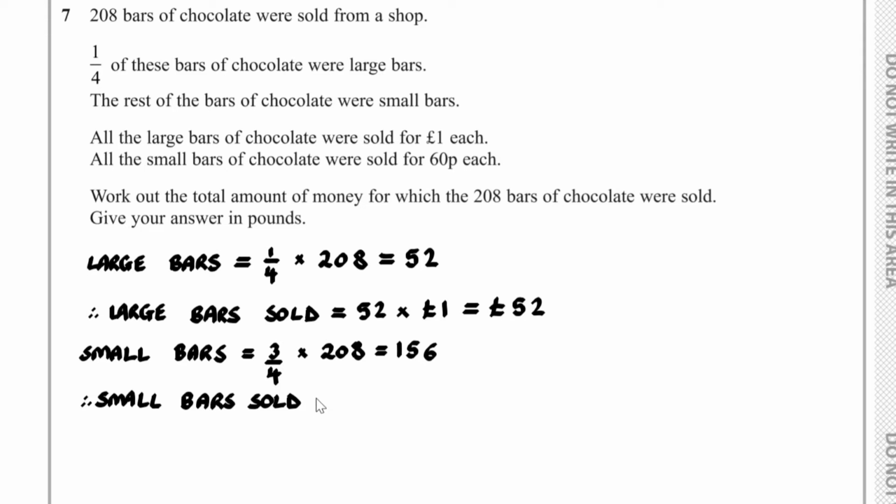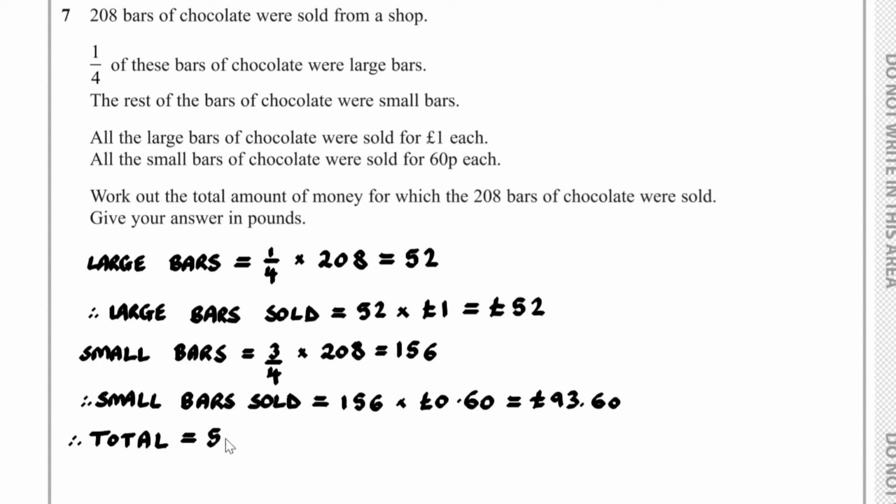So the cost of this, we have 156, and we know that they are sold for 60p each. And so if we work out 156 multiplied by 0.6, we get £93.60.